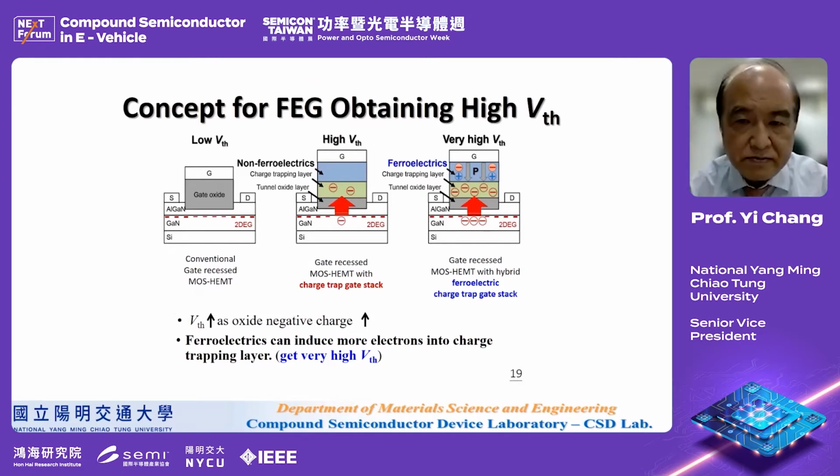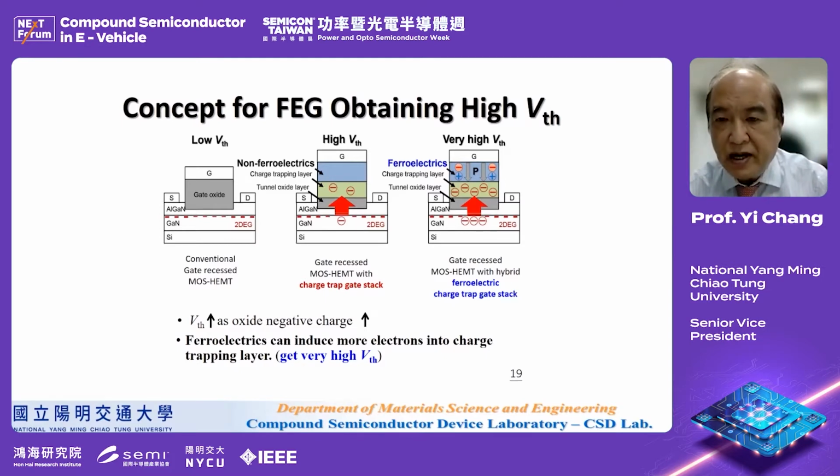This is a view graph showing that for the conventional gate recess, your current is too low, and for the usual charge trapping layer, without ferroelectric, your VTH is not high enough.